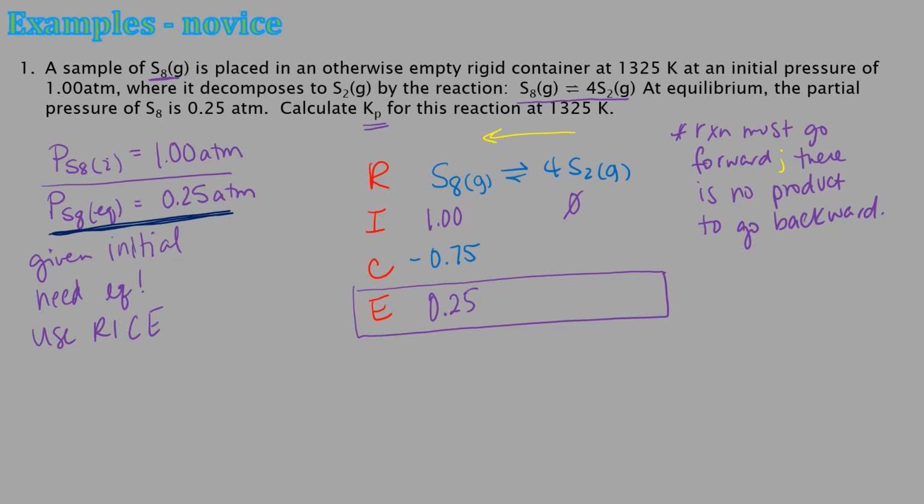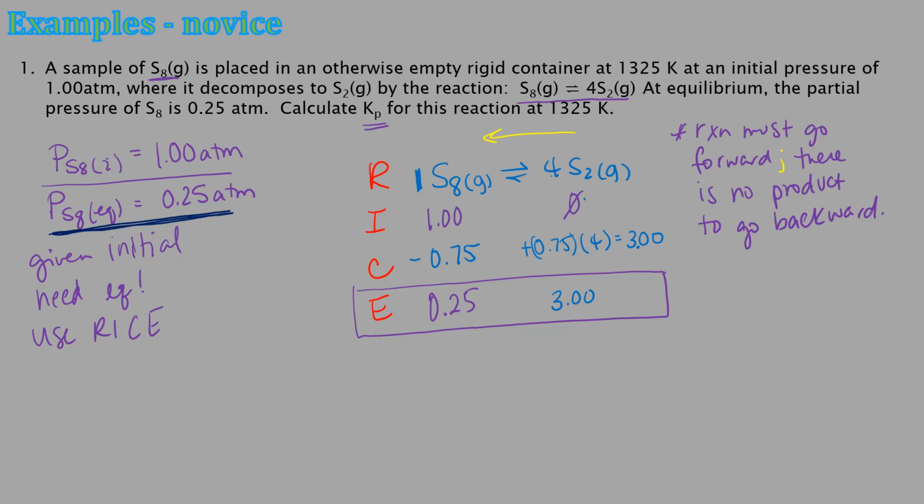The reason it has to gain 4 times that amount is because over here there's 1, and for every one that's lost on this side, 4 of these have to be gained. Well, I didn't lose 1, I lost 0.75. So I have to gain 0.75 times 4, which is going to be 3. So that means that this is going to be 3, because if I start at 0 and I add 3, I get 3.